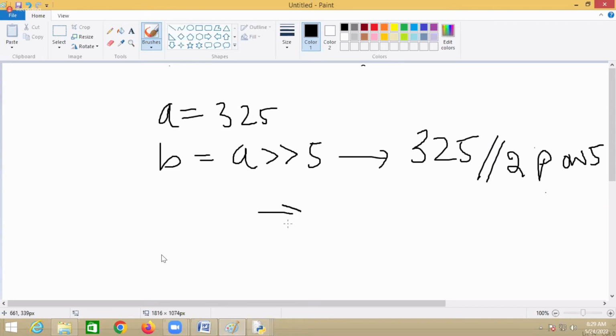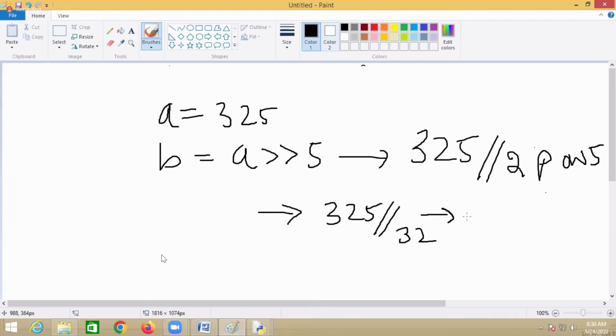What is 2 to the power of 5? 32. So 2 to the power of 5 is 32, and it is 325 floor divided by 32.